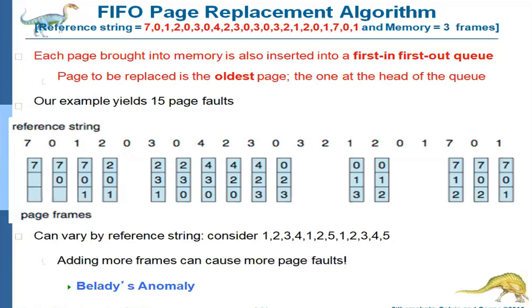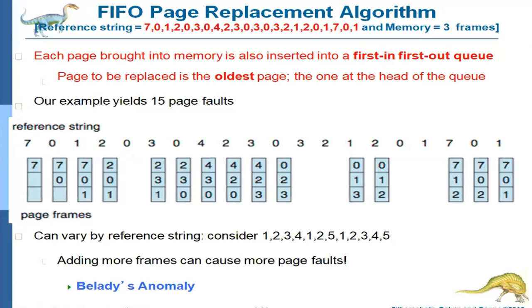Already you know what a page fault is. While the CPU is executing, it requires one page for execution, but the demanded page is not available in main memory, then it is called a page fault.